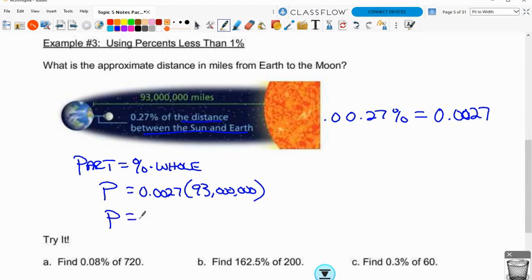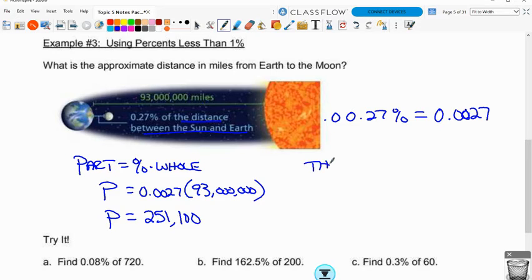To get its answer, we have to multiply 0.0027 by 93 million. So use your calculator, punch these numbers in carefully. There's a lot of zeros here. If you do that, you should come up with a value of 251,100. So that represents this distance between the Earth and the moon, and that is measured in miles.